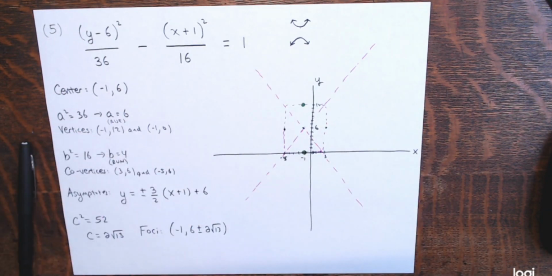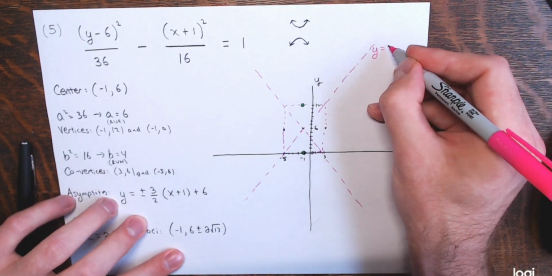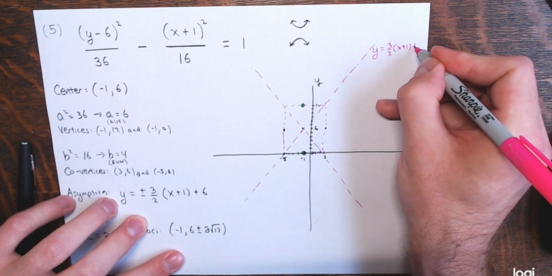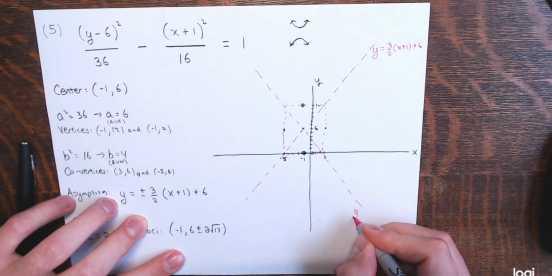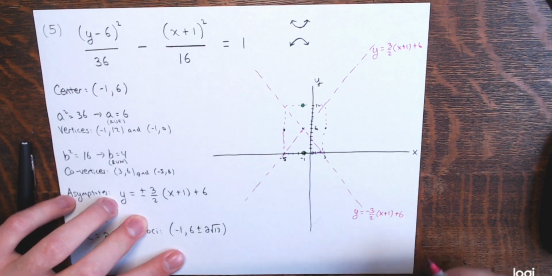And the equations for these asymptotes: this one's y equals positive 3 halves times the quantity x plus 1, plus 6. This one's y equals negative 3 halves times the quantity x plus 1, plus 6.